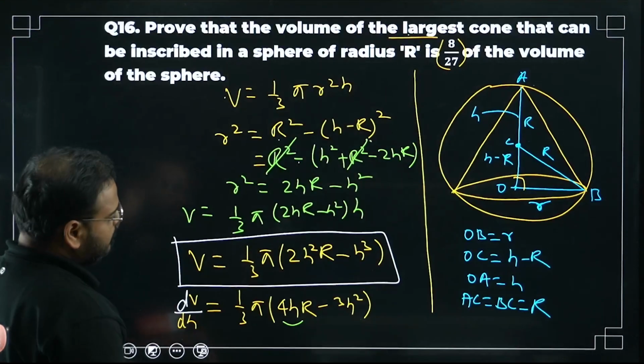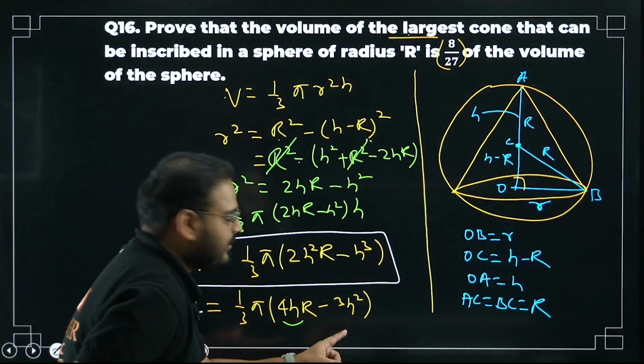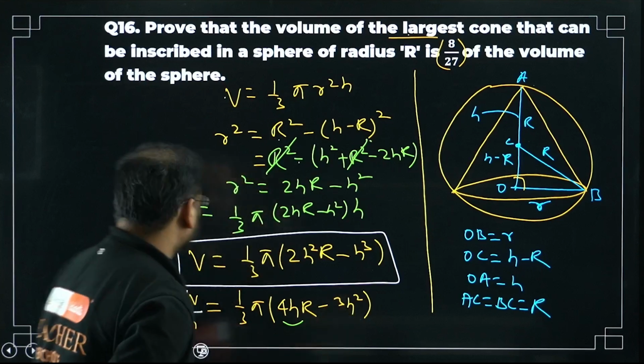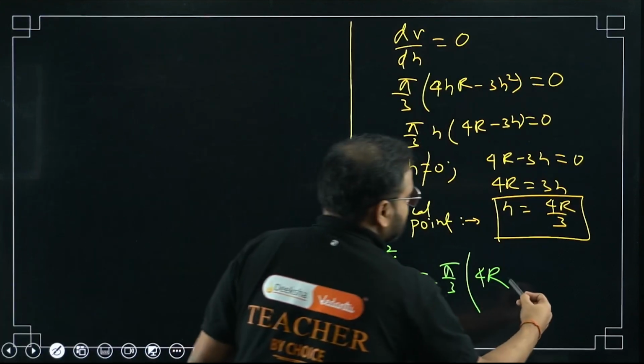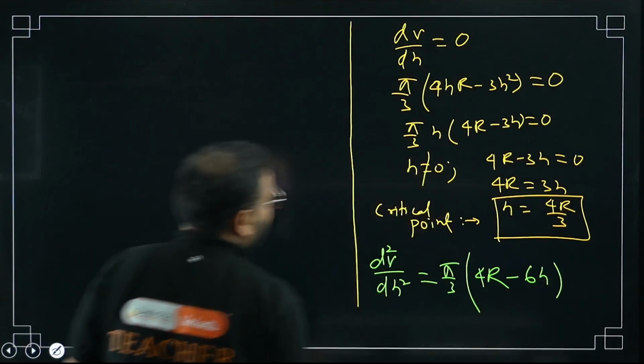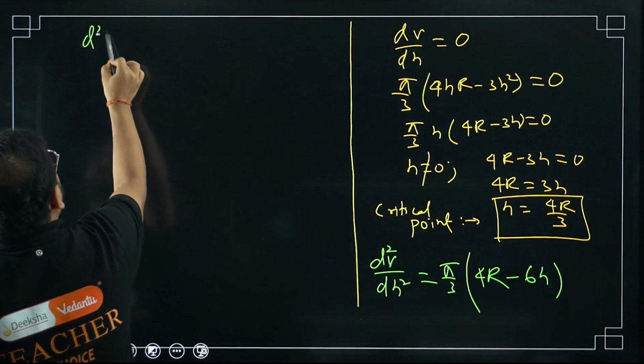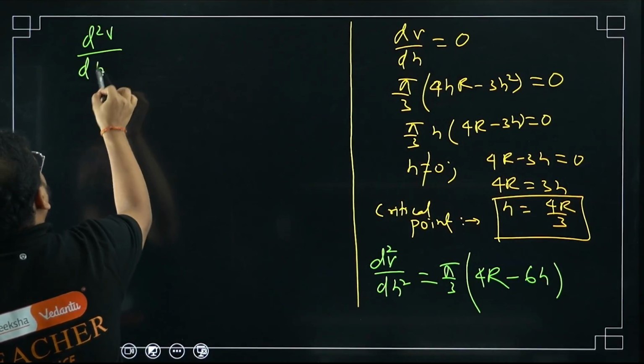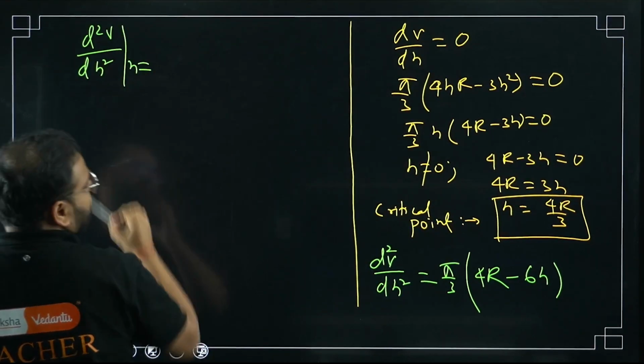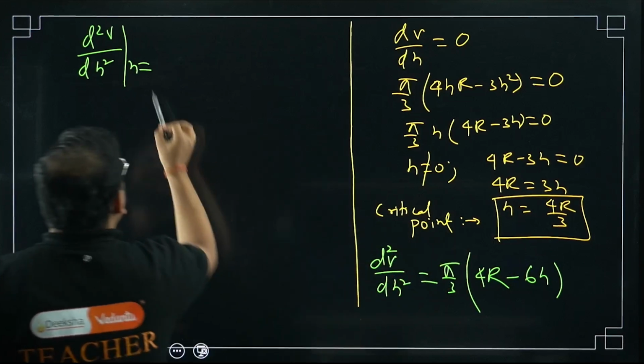There's a minus sign, we'll keep that. The derivative of 3h square will become 6h. So minus 6h. Now we'll check the second order derivative at the critical point, when h equals 4R by 3.